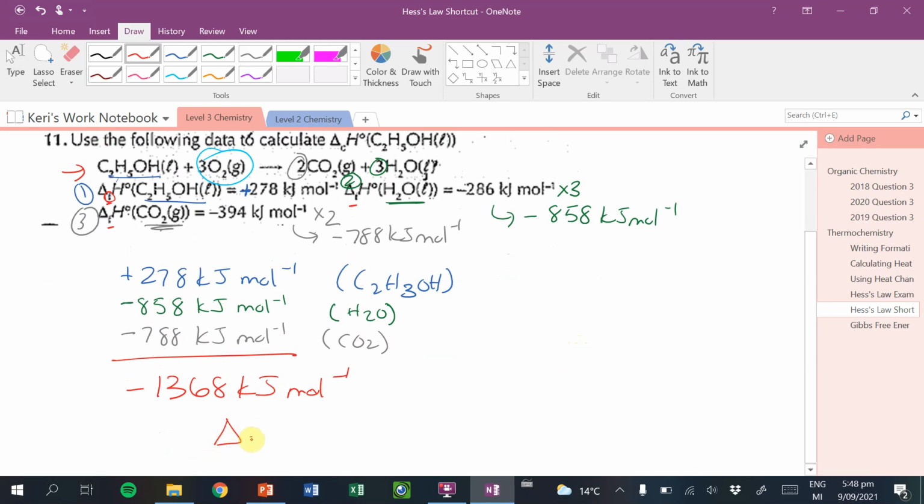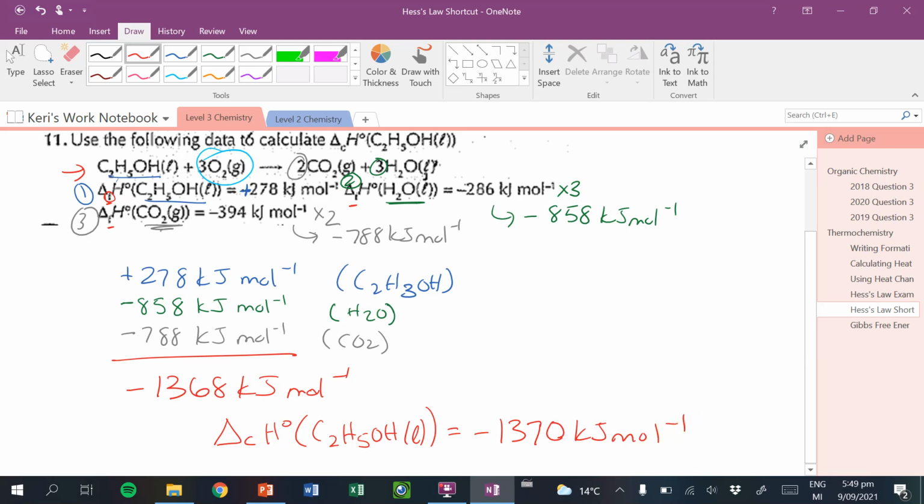And if I want, I can be extra fancy and say, look, I know the combustion enthalpy of the ethanol in the liquid form, to be even more specific, is equal to negative 1370. So now that's 3 significant figures, kilojoules per mole. And that's the shortcut.